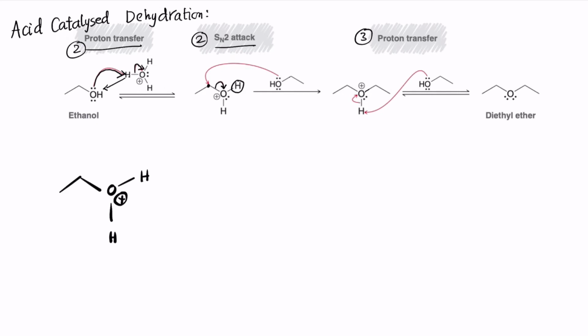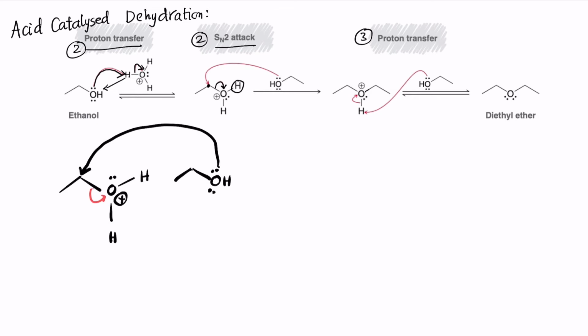With that positive charge, the oxygen would rather take its electrons away, but oxygen is not a good leaving group. So what happens now is an OH group from another ethanol molecule comes and attacks the carbon. When this attacks the carbon, these two electrons are donated to the oxygen.